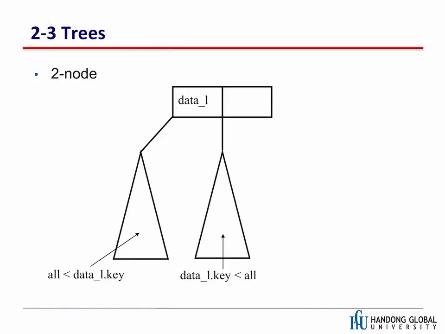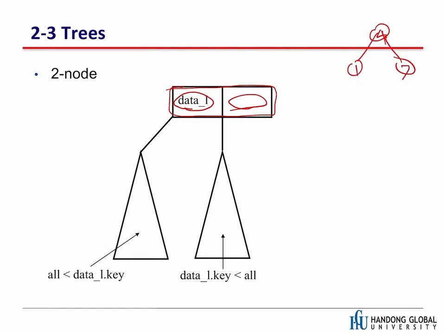Now let's talk about 2 nodes and 3 nodes with figures. With the 2 node, basically all the nodes look like this, and we can have 2 data. This is the difference from binary search tree nodes. In a binary search tree node, we can have 1 data in the 1 node, like this.